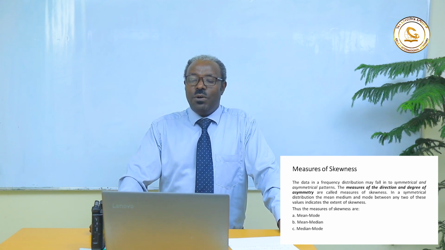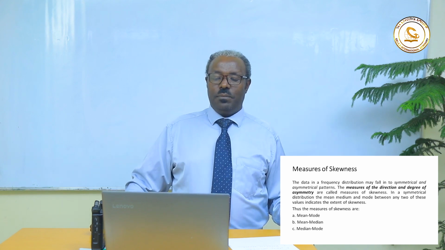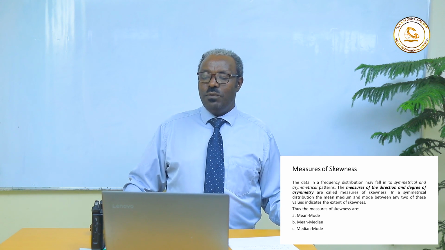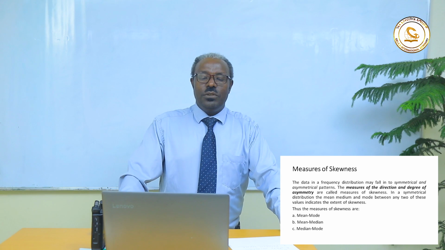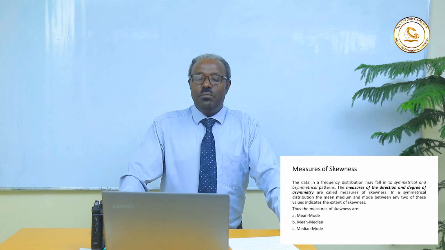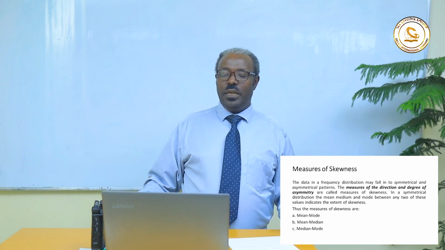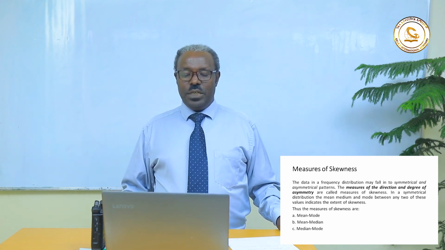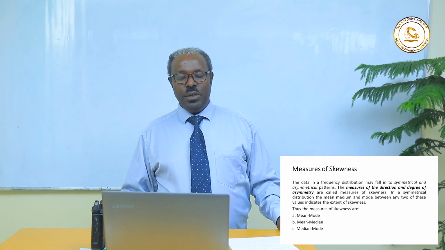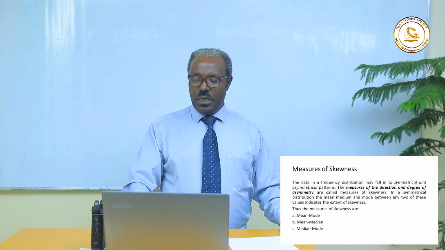The measure of the direction and degree of asymmetry is called measure of skewness. In a symmetrical distribution, the mean, median, and mode coincide; the gap between any two of these values indicates the extent of skewness. Thus, measures of skewness are mean minus mode, mean minus median, and so on.